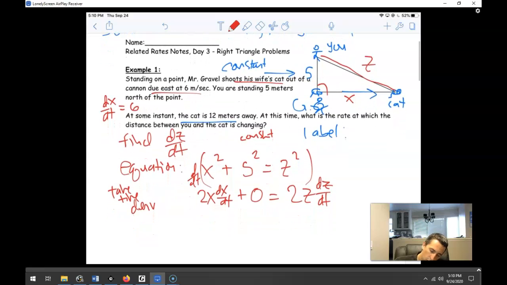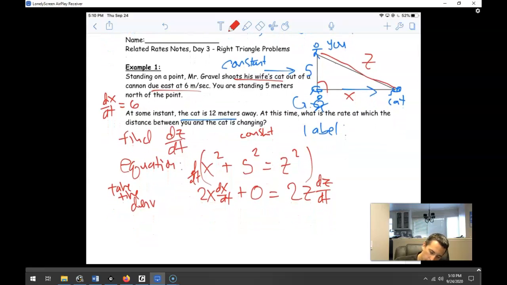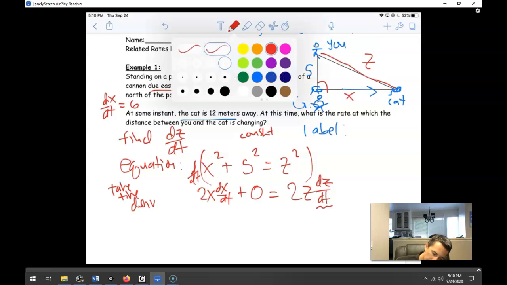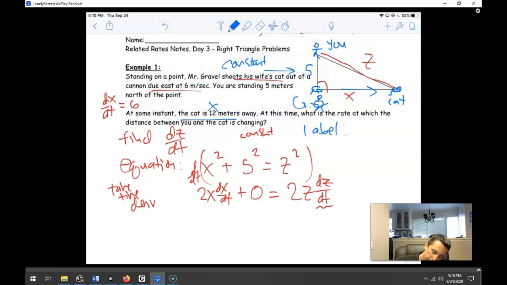Now what do we know? Our goal is to find dz/dt. We know x, because we're told the cat is 12 meters away. That's saying 2 times 12. dx/dt, that's the speed of the cat, that's 6. Equal, what is z though? I don't have a value for z. The way I'm going to find z is to go back to the original equation.